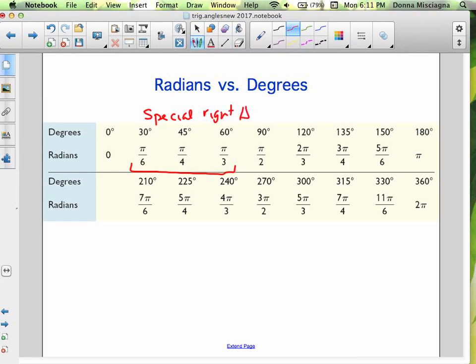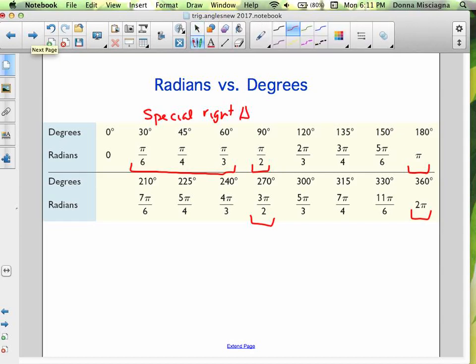Right? Pi sixths, pi fourths, and pi thirds. Not as much in this class, but certainly as you move forward, those are very, very important numbers. So if you could commit those to memory at some point, that would be good. For this class, you should know the 90 degrees, the 180, the 360, and the 270. Those are key ones. Those are our quad angles.